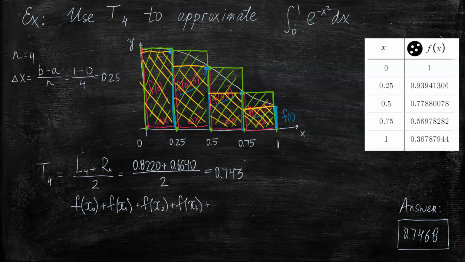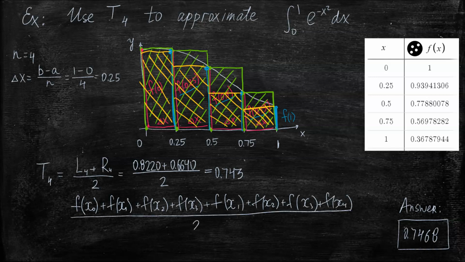But R4 is actually the same thing, except we start with f of x1 and go all the way until f of x4. And then we multiply it by delta x.